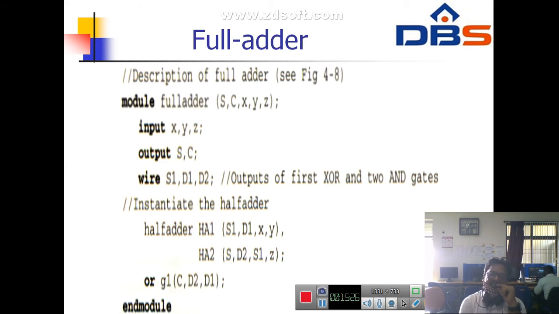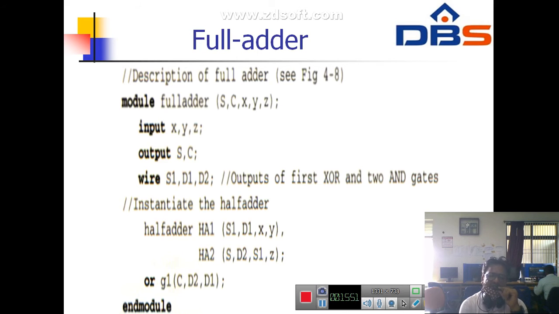For that we use wires S1 comma D1 comma D2. Then we have to instantiate two half adders and one OR gate.